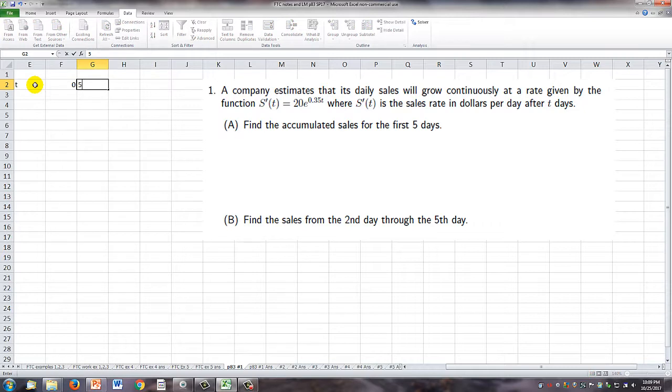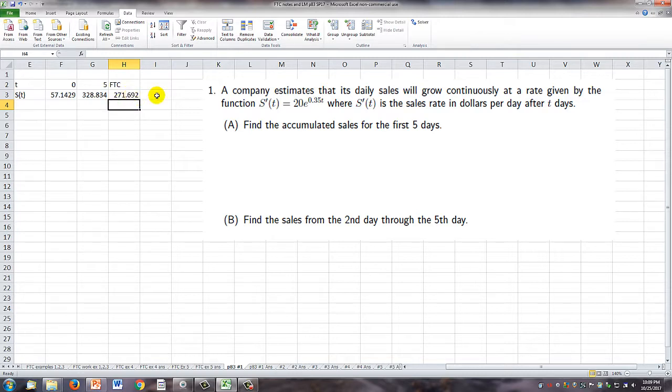So from 0 to 5, the antiderivative of s prime of t is just s of t, and the antiderivative again is 20 divided by 0.35 times e to the 0.35 times t, and I'm going to put FTC right here again. Okay, so this minus this is 271.692.